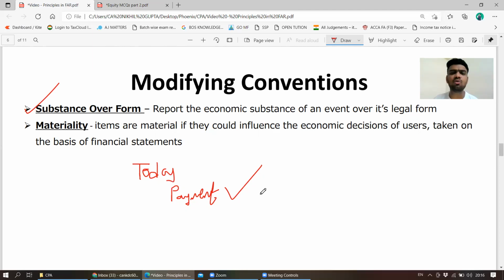Another example, a very beautiful example, is taken from the mortgage or the loan you take from banks. You are not the owner on the legal papers of the property, but when you pay the last installment of the property, I have purchased a house on a loan basis. I have to pay the installments, and once I pay all the installments, it will be in my name on legal papers.